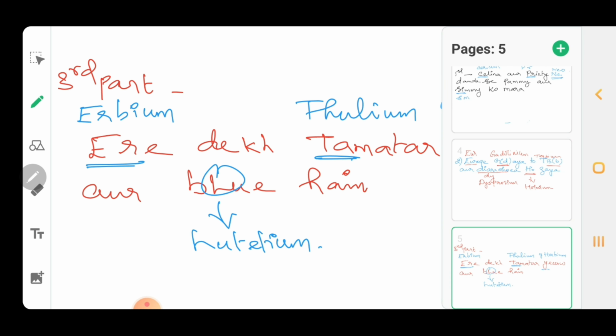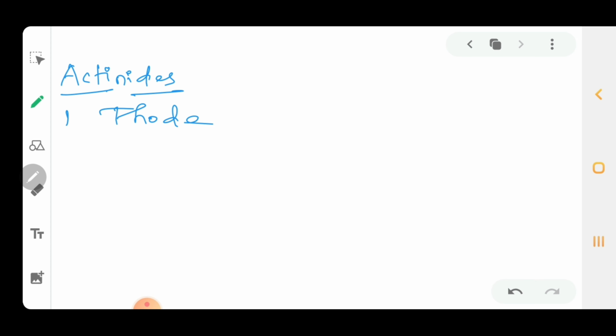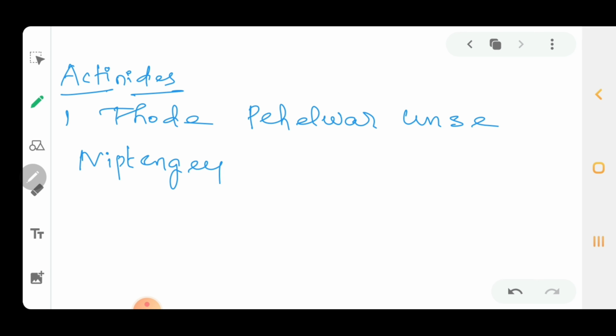Now we will be moving on to our last series, that is the actinide series. Again, for the sake of understanding, we will break the mnemonic into three parts. The first part is: Tode Pehelwar Unse Nipton Gay.